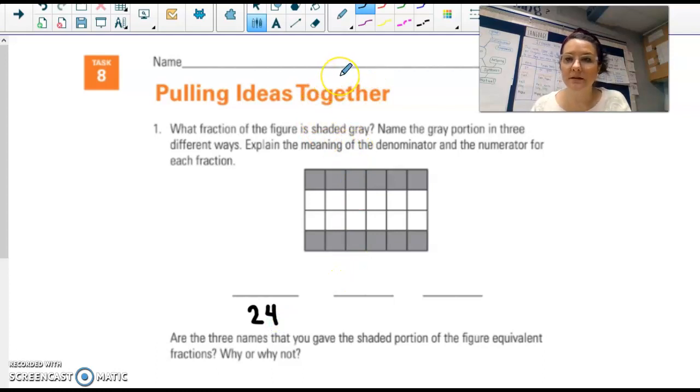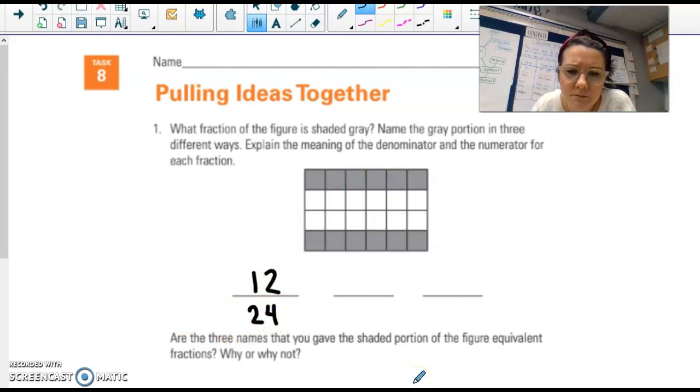So my part is going to be the number of shaded squares. So I have 2 rows of 6, that's 12 total squares that are shaded. So one fraction that I can use to name this figure would be 12 24ths. 12 squares are shaded, and there's 24 total squares. 12 out of 24 squares are shaded.